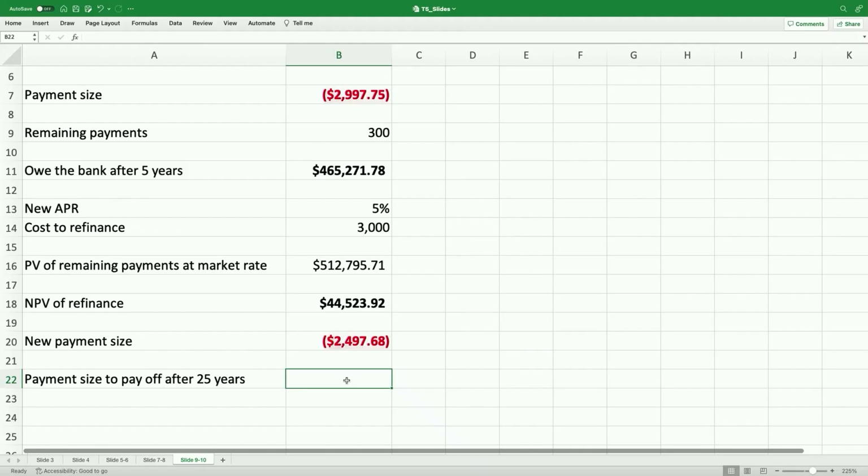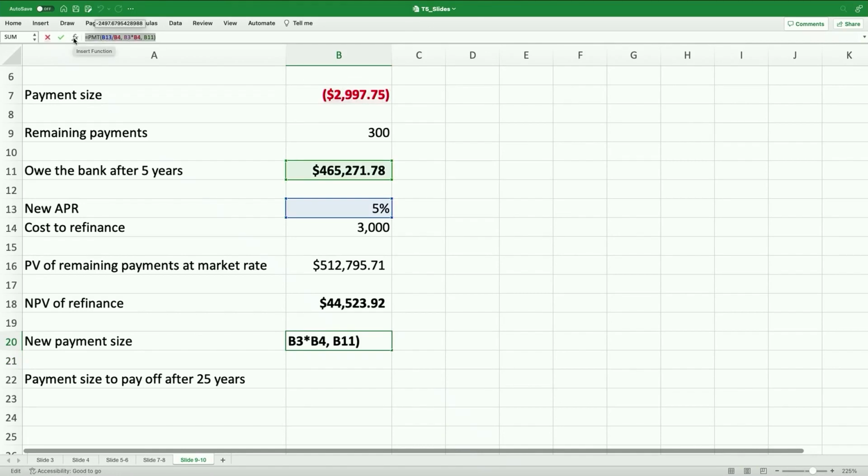Okay. And so the last question says, suppose we wanted to pay this off in 300 months rather than 360 months, how much would we need to pay per month? Well, everything about that last calculation will be the same, except the number of months won't be 360.